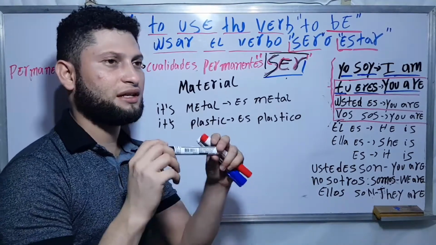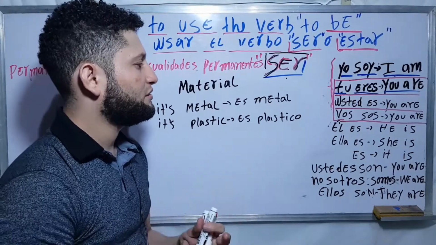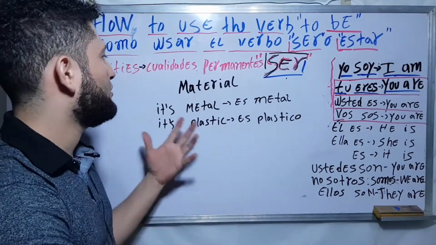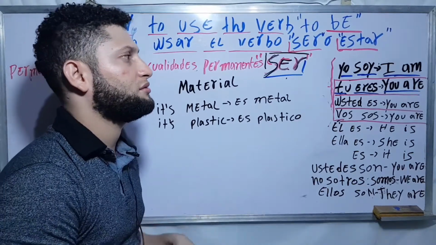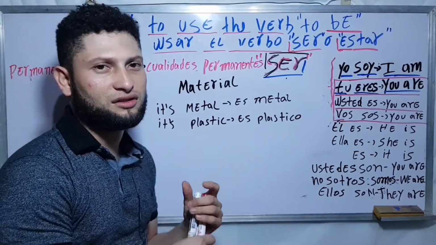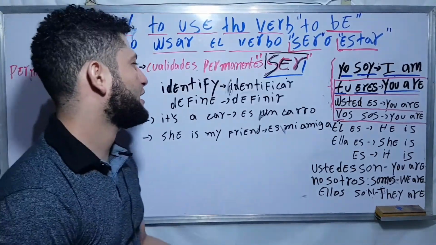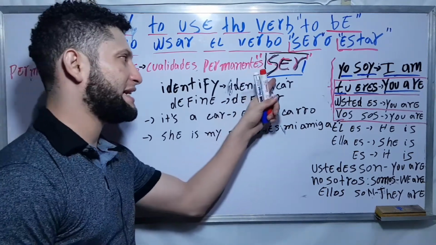As I said, the marker is made of plastic. Okay, in this case we are speaking about material, and then it's possible to say, you are made of plastic or something like this. Okay, guys, once again, as you see, we need to use the verb ser.